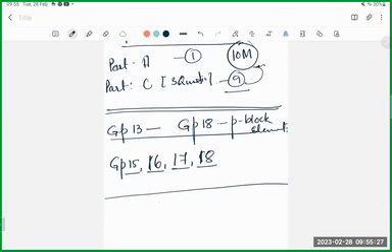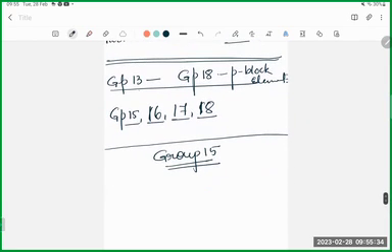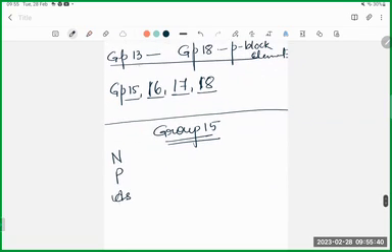Now let's begin with the first group, group 15, from this P block elements family. Group 15 has the elements nitrogen, phosphorus, arsenic, antimony, and then bismuth.